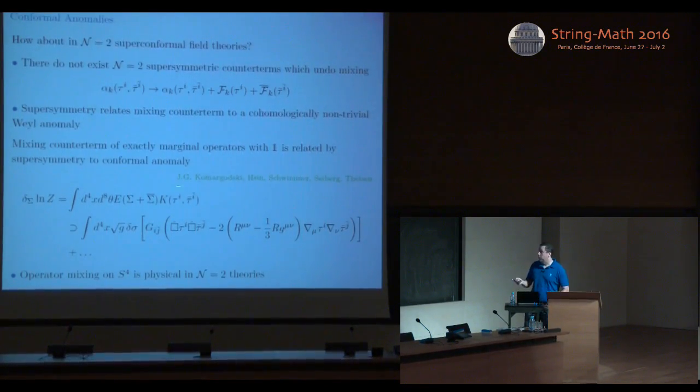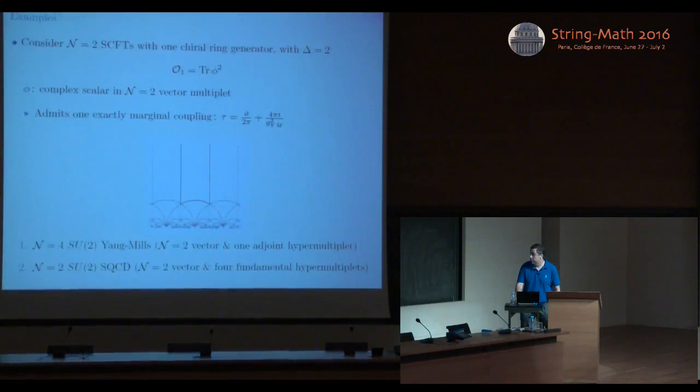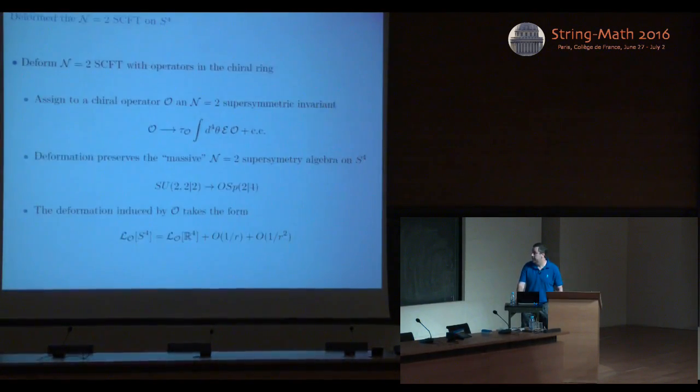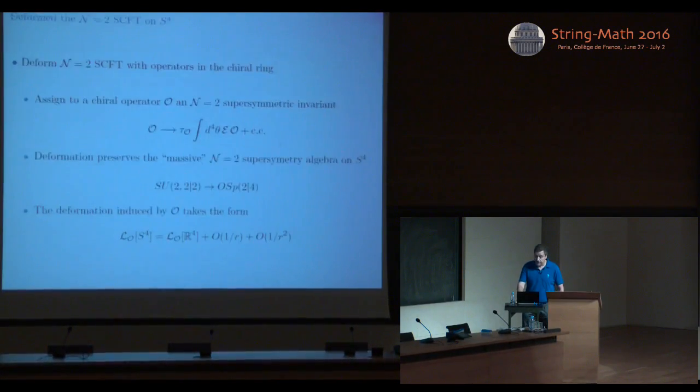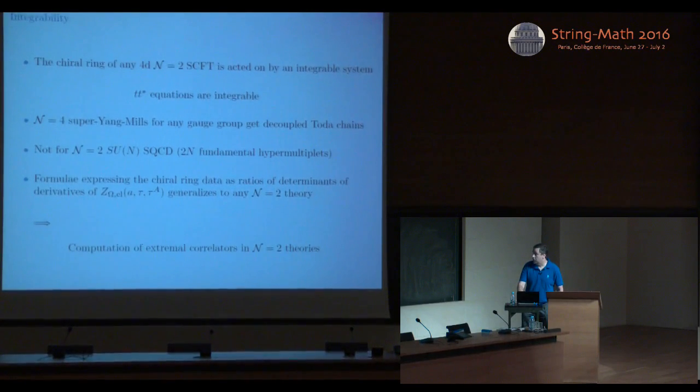But there is an open problem to write the non-trivial cohomology classes associated to the conformal anomalies of higher chiral primary operators. So what is the generalization of this formula for higher dimensional chiral primaries? That's something interesting to work out, both in two dimensions and in four dimensions.